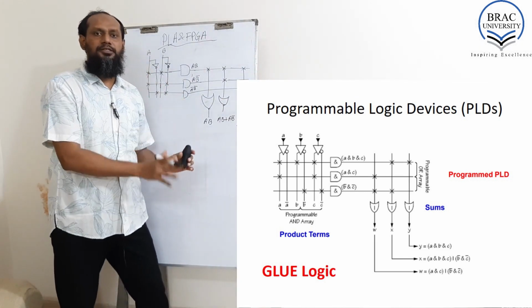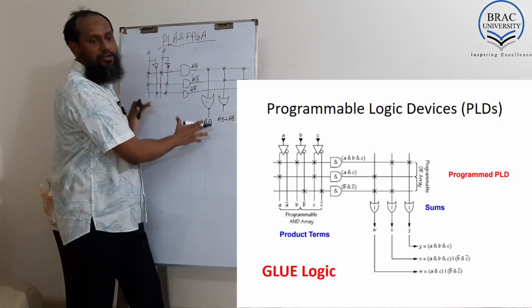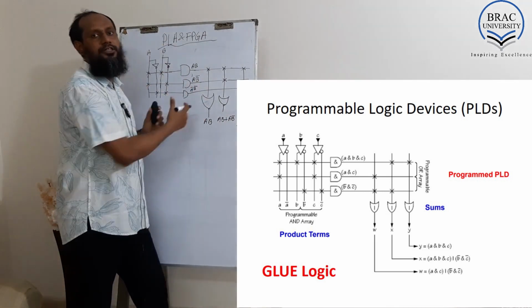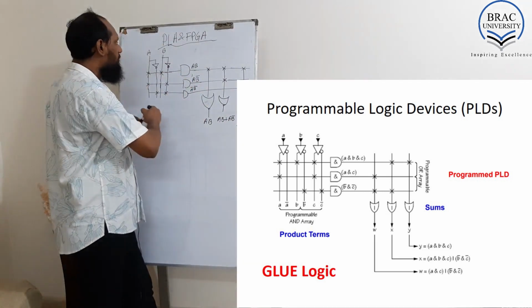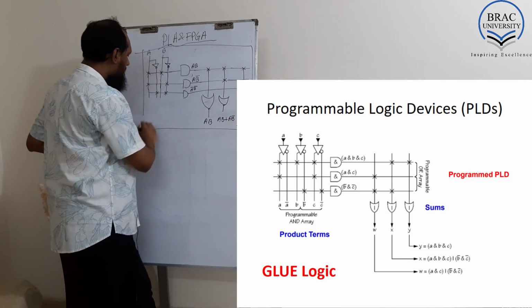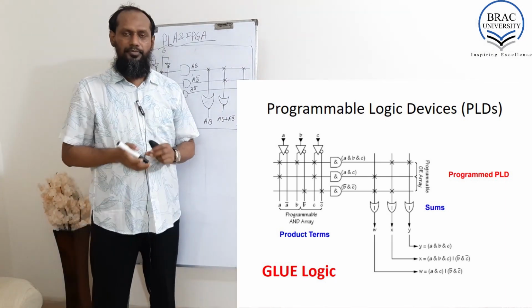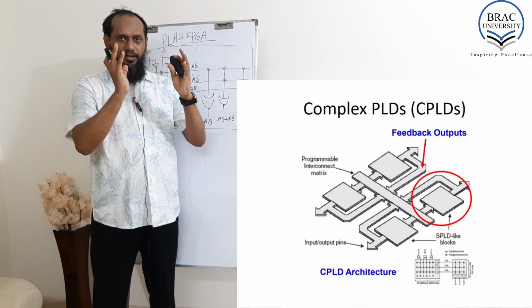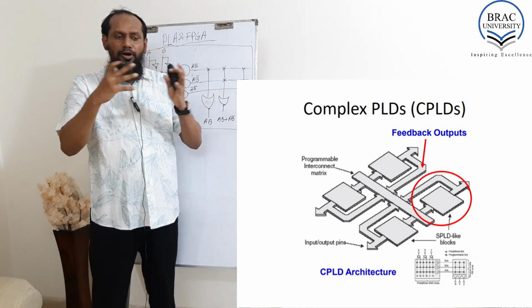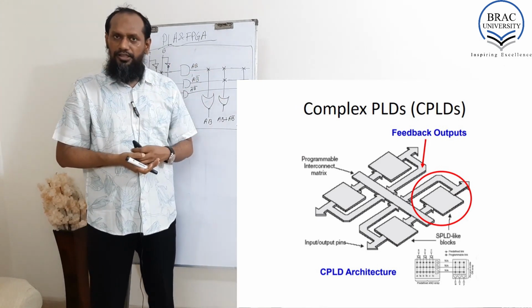On that circumstance, this system is called programmable logic array or programmable logic device. One unit, one block is called one PLD. So there can be a number of blocks, a number of PLDs together.